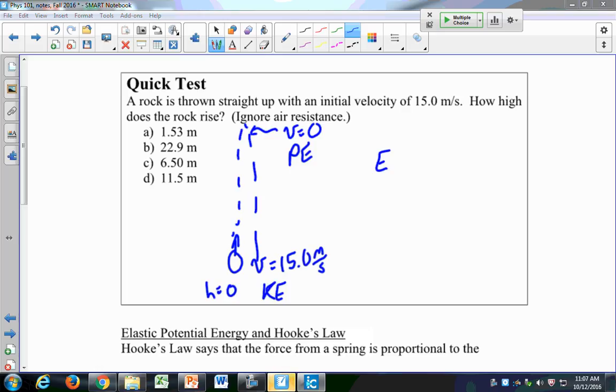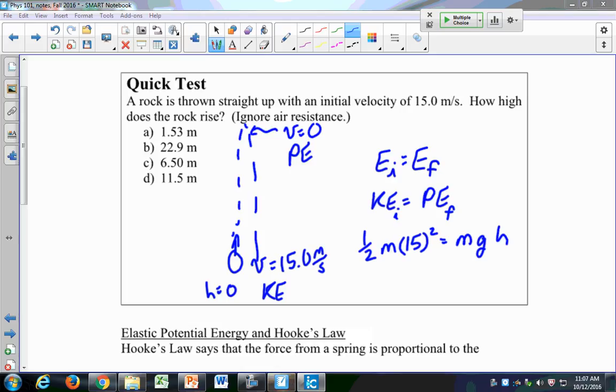So we say the energy initial equals the energy final. That's the kinetic energy equals the potential energy in the initial and final states. This is going to be 1/2 m times 15 squared equals m times g times h.